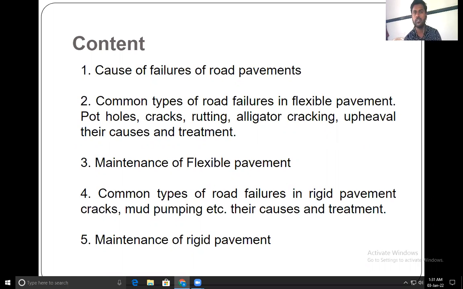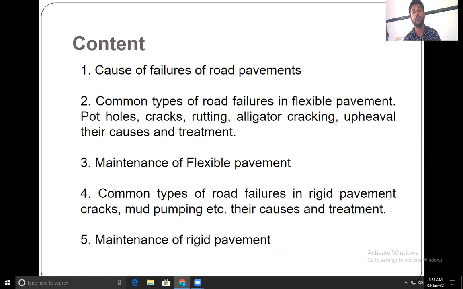Okay. In the flexible pavement, we have seen the common failures occur like potholes, then cracks, then ruts due to the heavy transportation of road loads. In the rigid pavement, commonly cracks will occur, and also there might be problems at the joints.